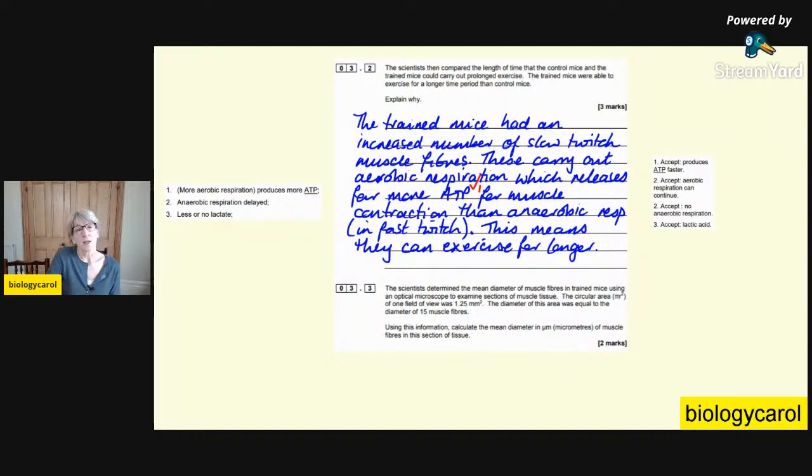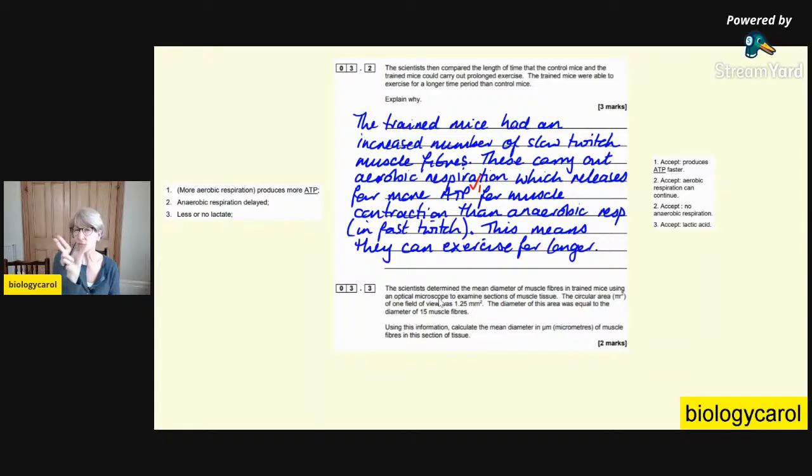Okay, but moving on. Scientists determined the mean diameter of muscle fibers in trained mice using an optical microscope examining sections of muscle tissue. The circular area of one field of view was 1.25 millimeters squared. The diameter of this area was equal to the diameter of 15 muscle fibers.